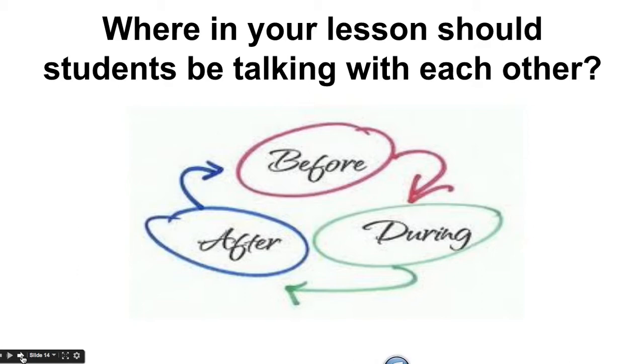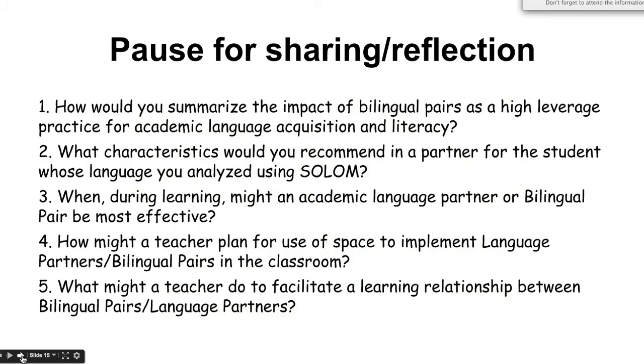Bilingual pairs will help facilitate your think, pair, share, your turn-and-talks, your shoulder partners, your partner A, your partner B, so that all students are highly engaged in producing the target language. If you'd like, pause a moment to share and reflect with a partner. When you're ready, go ahead and pause the slide and go through some of the discussion questions.